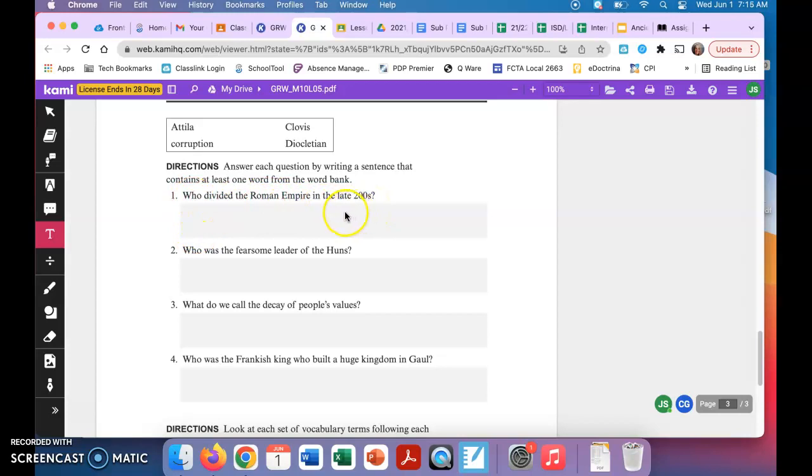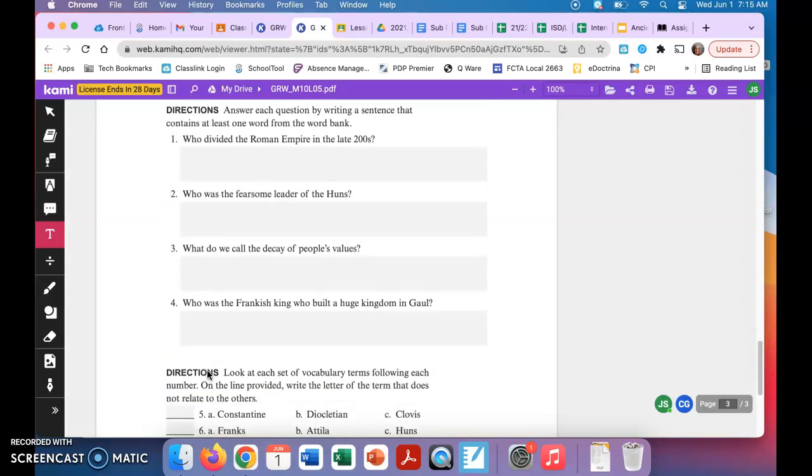Remember, when you answer your question, you're going to restate that question into your answer. That'll help you make the complete sentence. So you will write the person who divided the Roman Empire in the late 200s was, or blank divided the Roman Empire in the late 200s. And make sure you put a period at the end. Number 2, who was the fearsome leader of the Huns? Number 3, what do we call the decay of people's values? And number 4, who was the Frankish king who built a huge kingdom in Gaul?